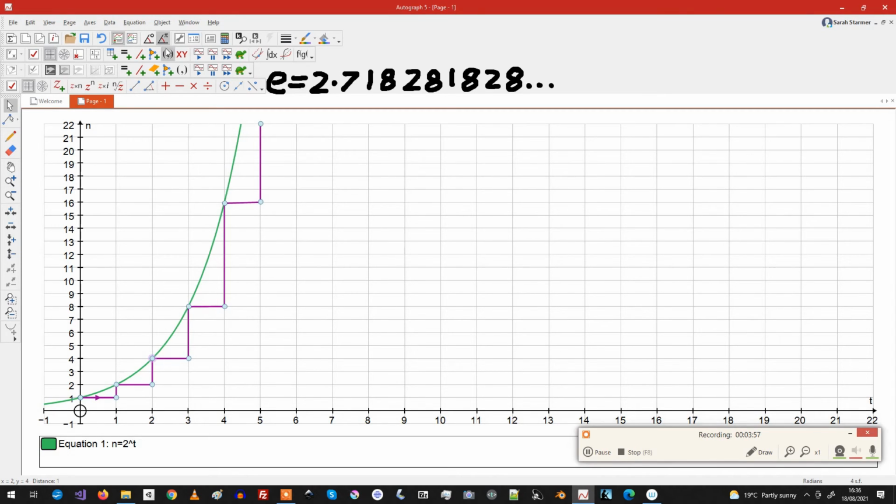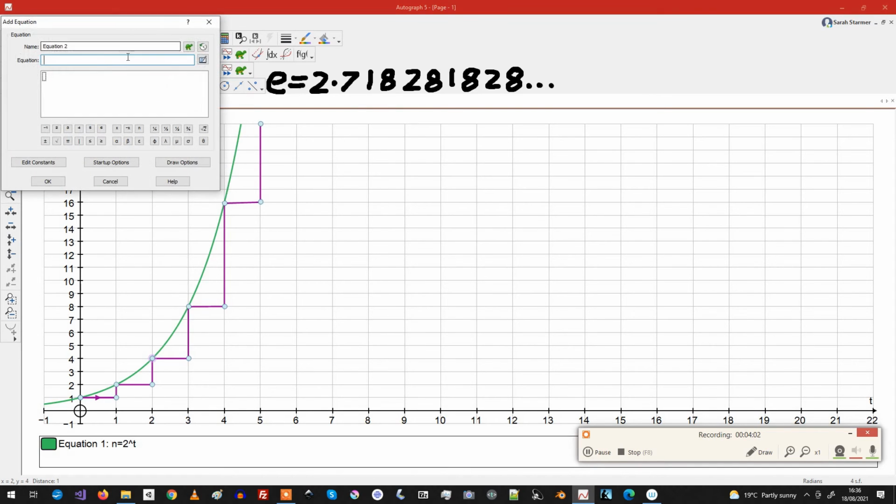And to have that, we would have this equation. So this time, the number of cells is equal to just approximately 2.71828 to the power of time.